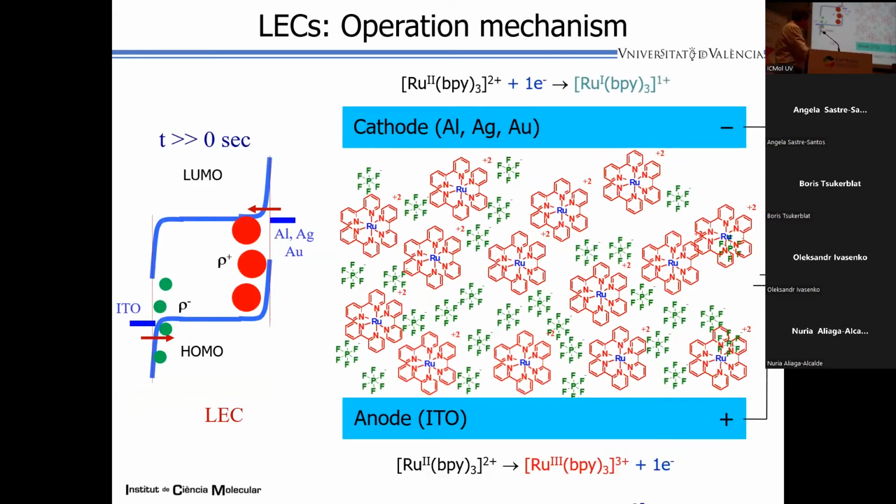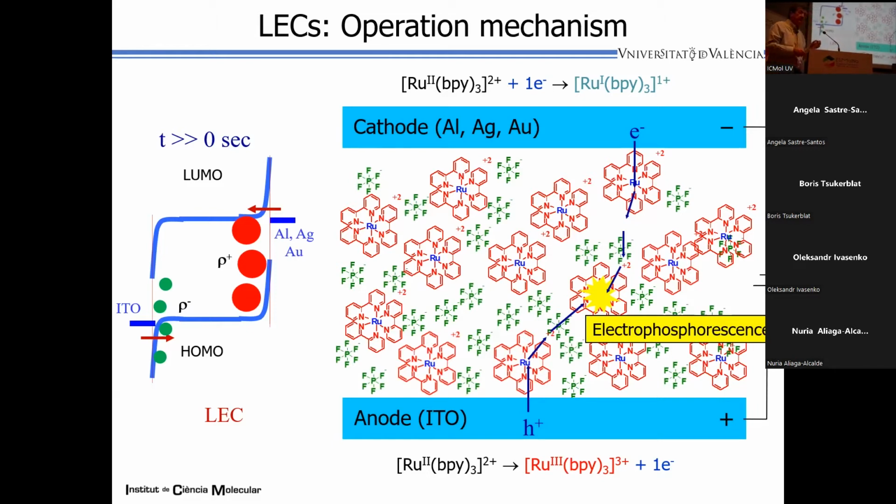Then you do the oxidation at the anode, you inject the holes, the reduction at the cathode, you inject the electrons, they move along the material and they recombine forming excitons, molecules in excited states. And finally, you have the emission of light, in this case by electrophosphorescence, because it is the triplets of the complex that are emitting the light.